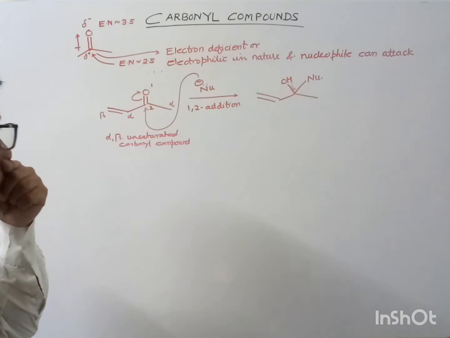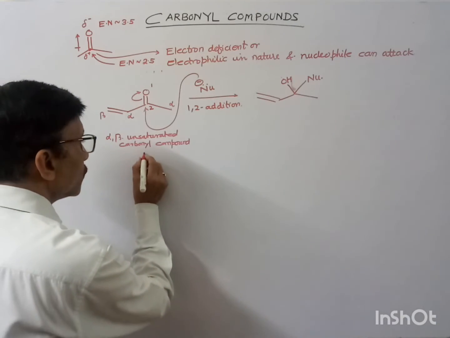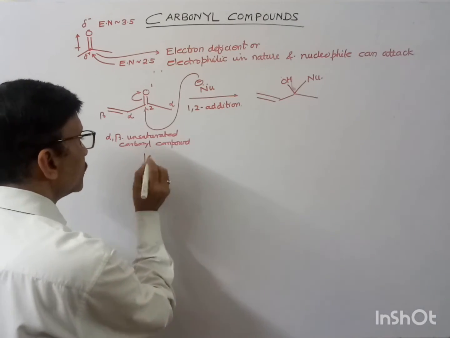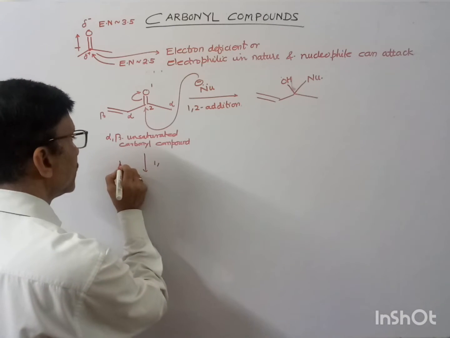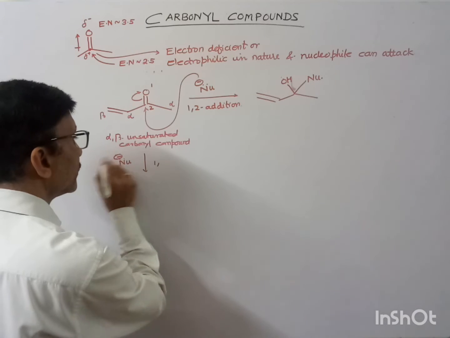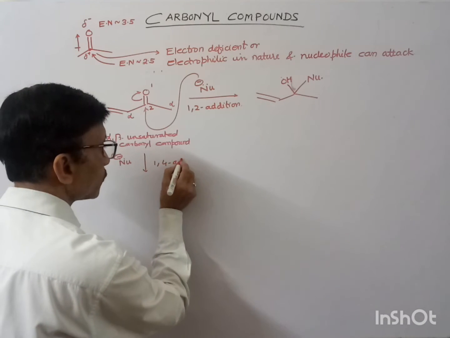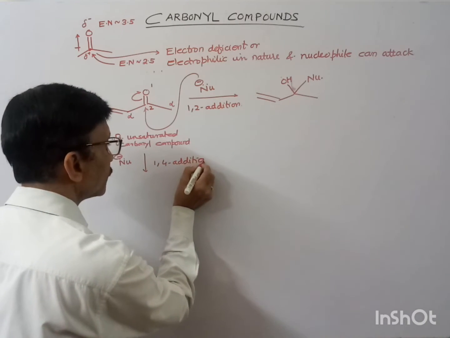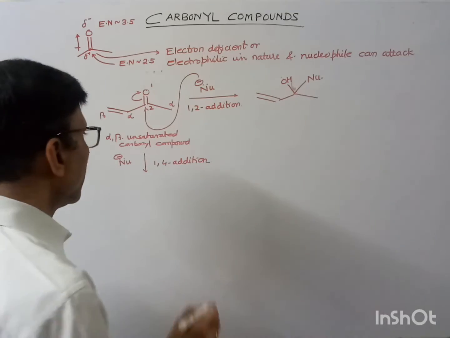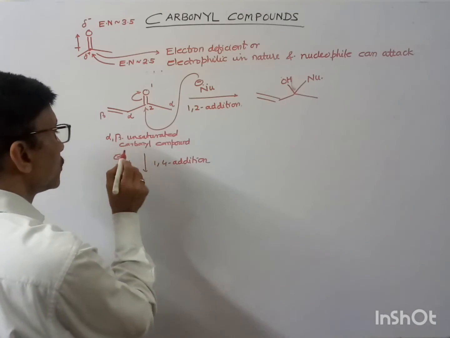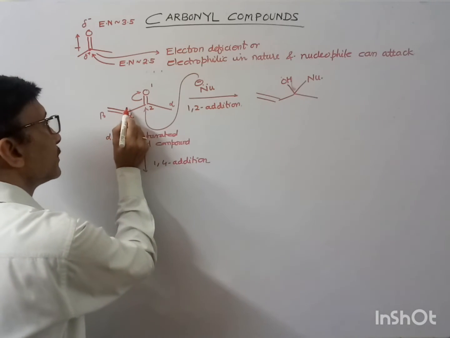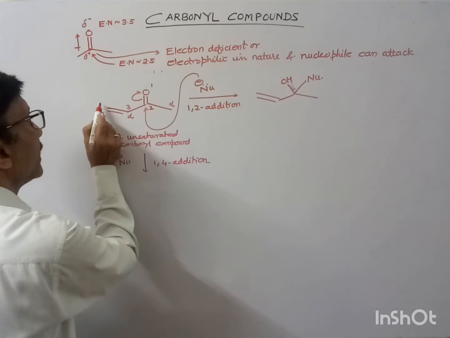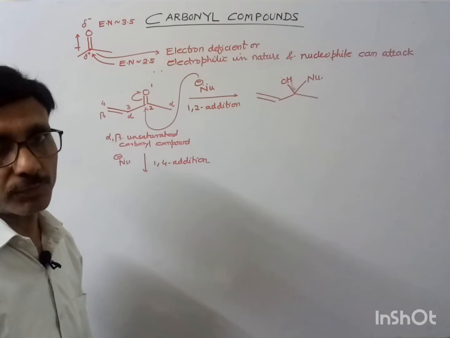Now, it may also undergo 1,4 addition. If we have a nucleophile, then 1,4 addition is also possible. And how does this 1,4 addition occur? If this is first, this is second, then this carbon is at the third position and this carbon is at the fourth position.